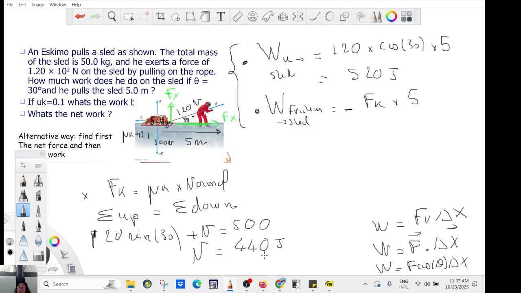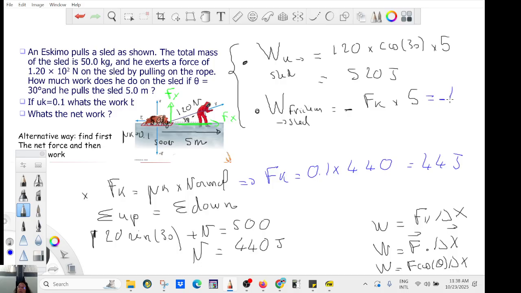Okay, so we have the normal force. Once we have the normal force, we can find the frictional force. So Fk equals the coefficient times 440, which is 44. So we can find the work done here.